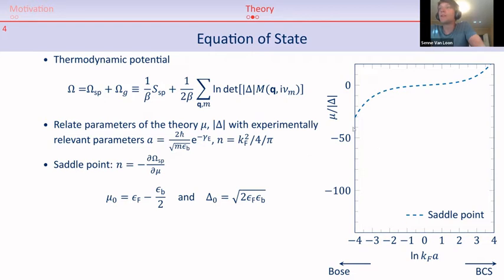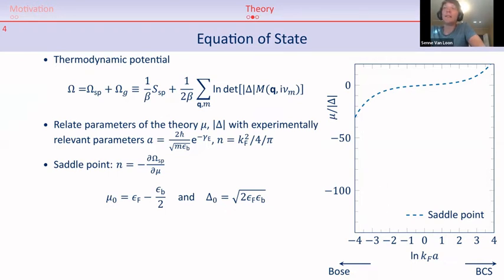So I'm showing this here. The most relevant parameter in the theory is mu over delta, which controls the interaction. But of course, in experiments, they would rather change log k_F a, or the s-wave scattering length.